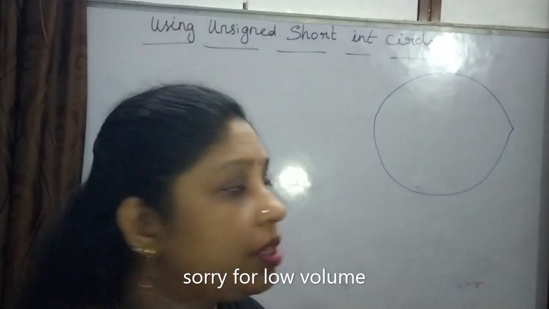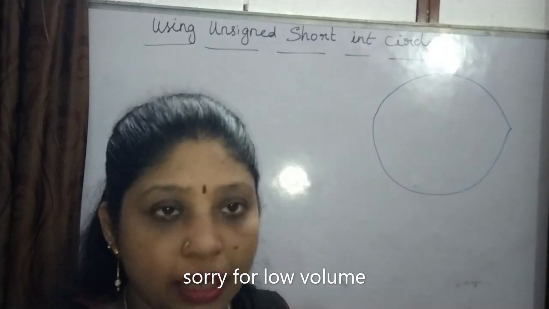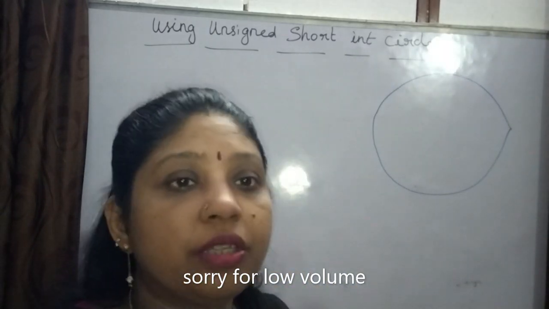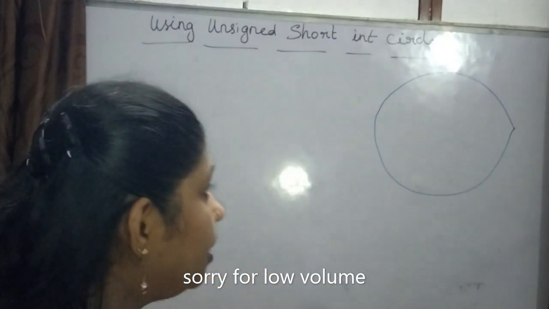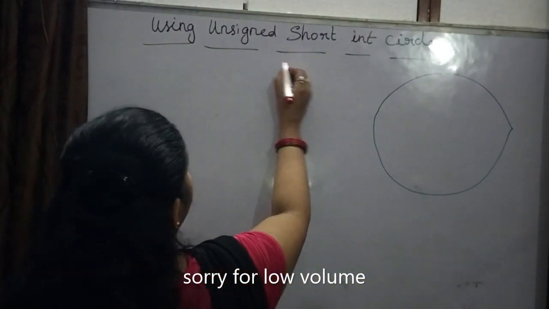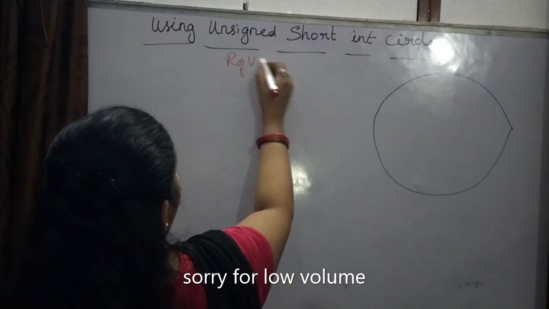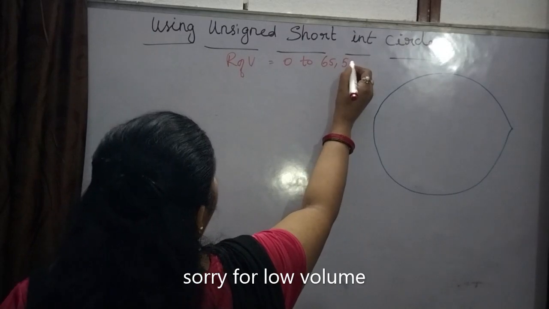If the values are arranged in this way, it will be easy for you to understand the process going on behind the program. Now you know the range of values is from 0 to 65,535.